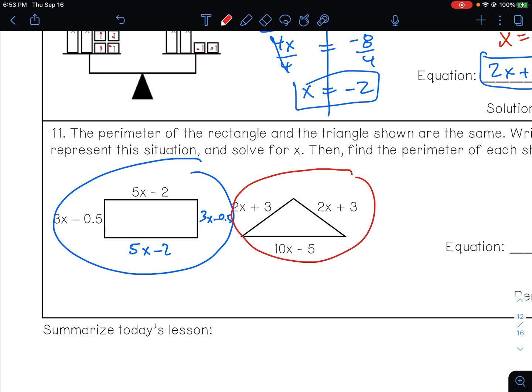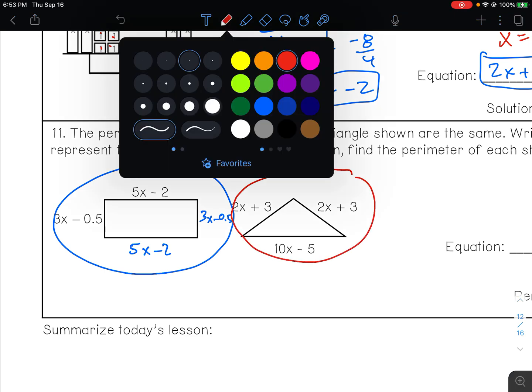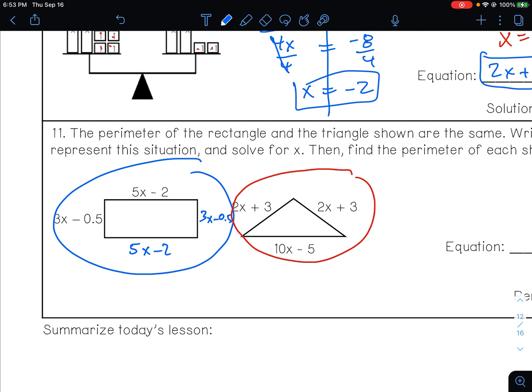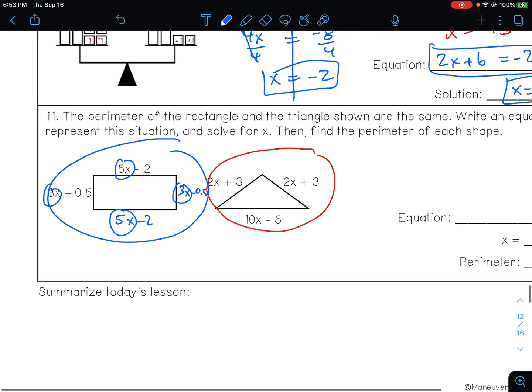Okay, so let's do the blue first. So we have 5x plus 5x plus 3x plus 3x. Goodness gracious. That is like 5, 10, 11, 12, 13, 14.